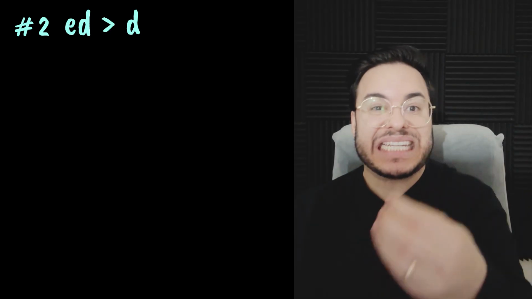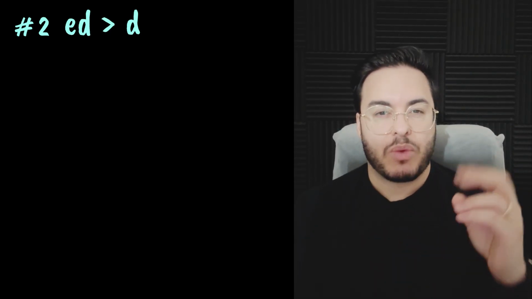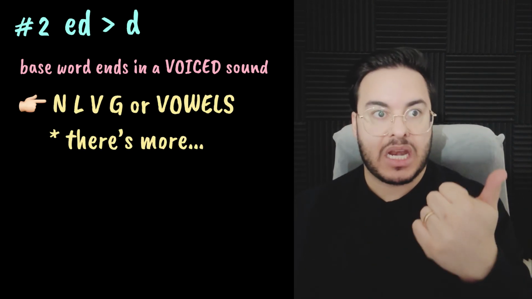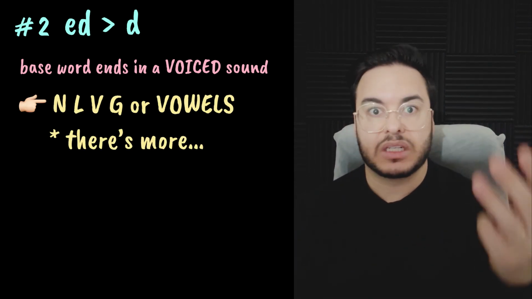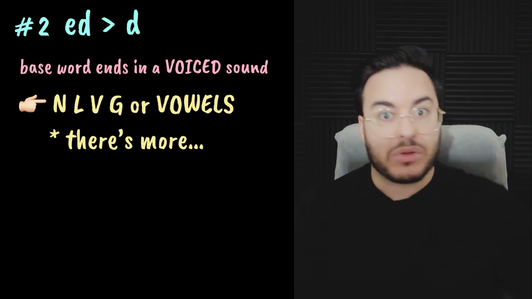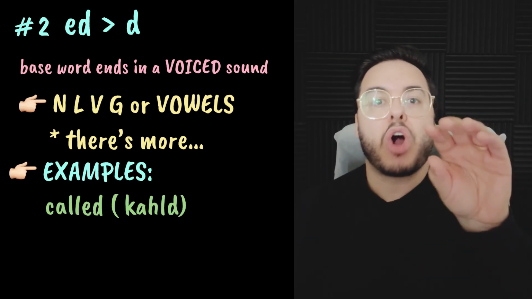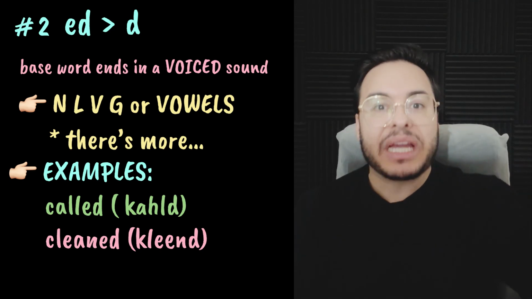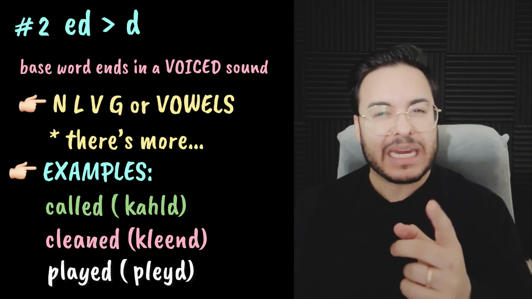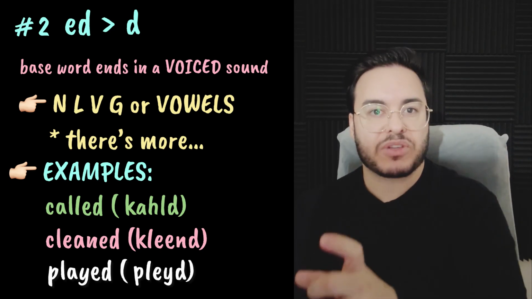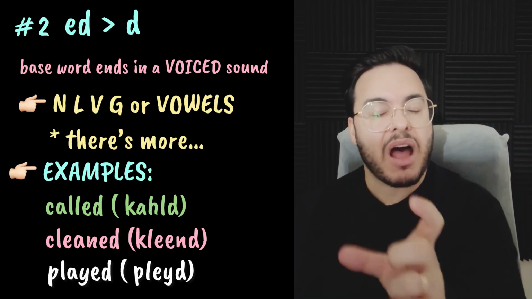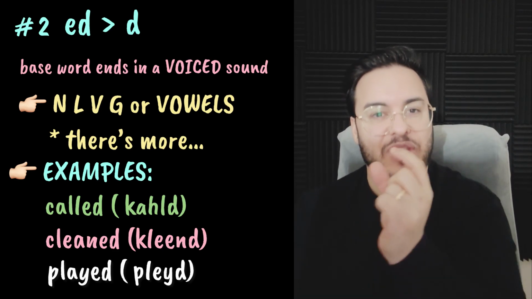The second option we have is we pronounce ED as D, when the base word ends in a voiced sound like n, l, v, g, or vowels. For example, called, or cleaned, or played. Remember here, we still don't pronounce the vowel sound here. All you have to do is pronounce the soft, natural D sound at the end.